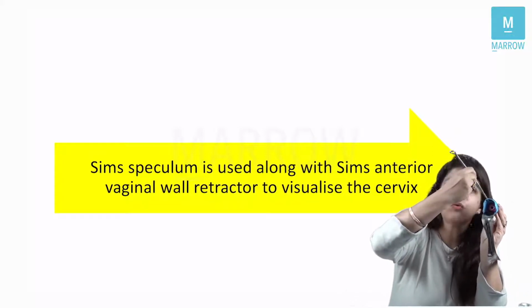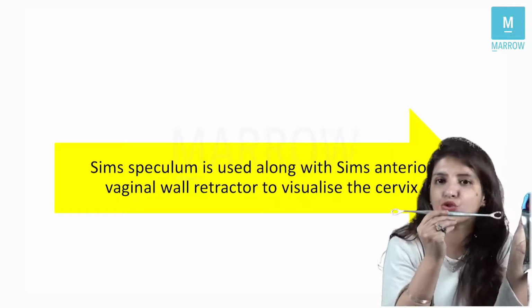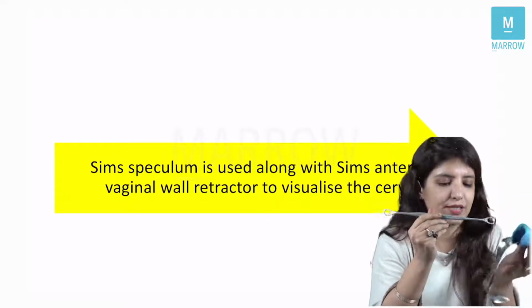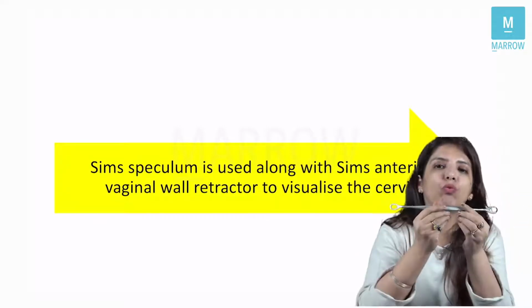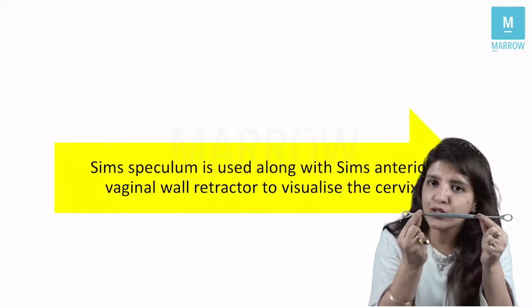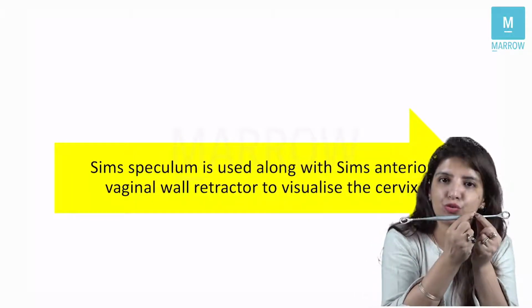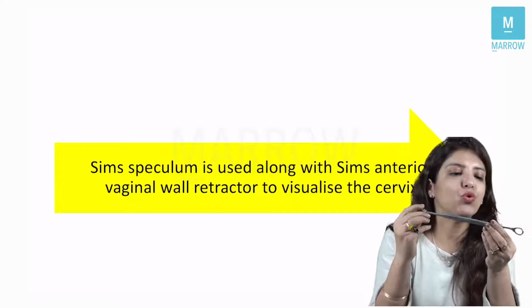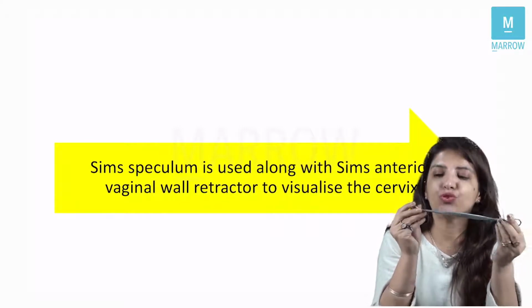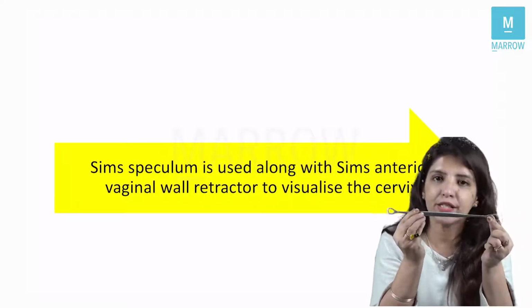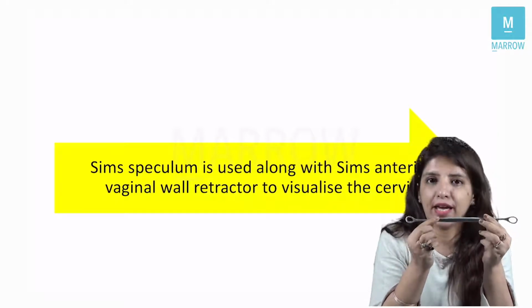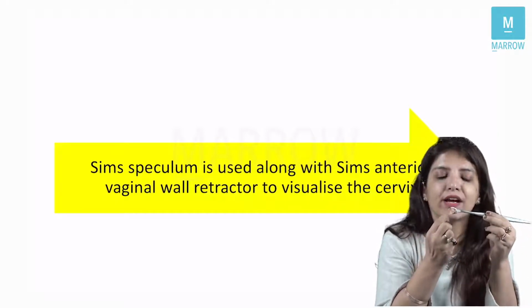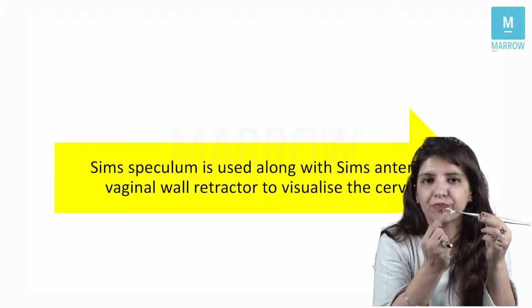The anterior wall is retracted with this instrument, the anterior vaginal wall retractor. As you can see, this is a tubular instrument which has two loop-like ends, two ring-like ends, right? Now, in the ring-like ends, you have to note that there are serrations present, right?